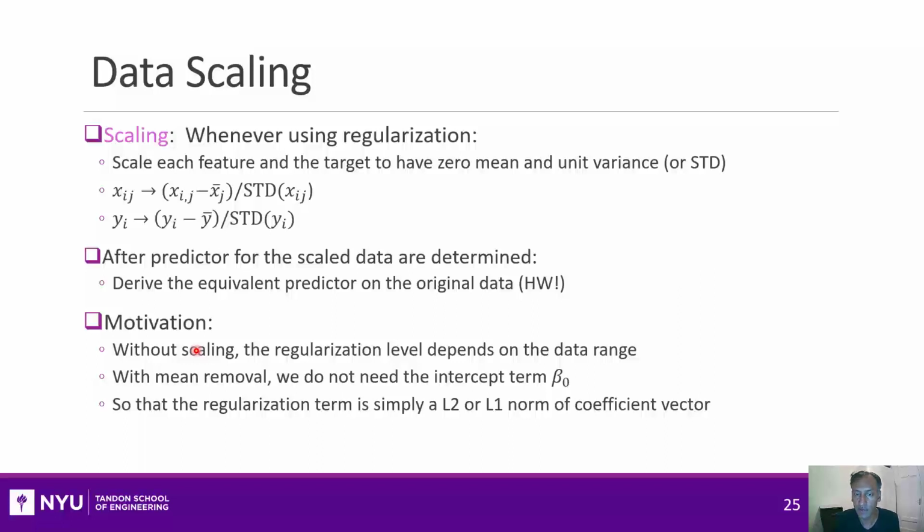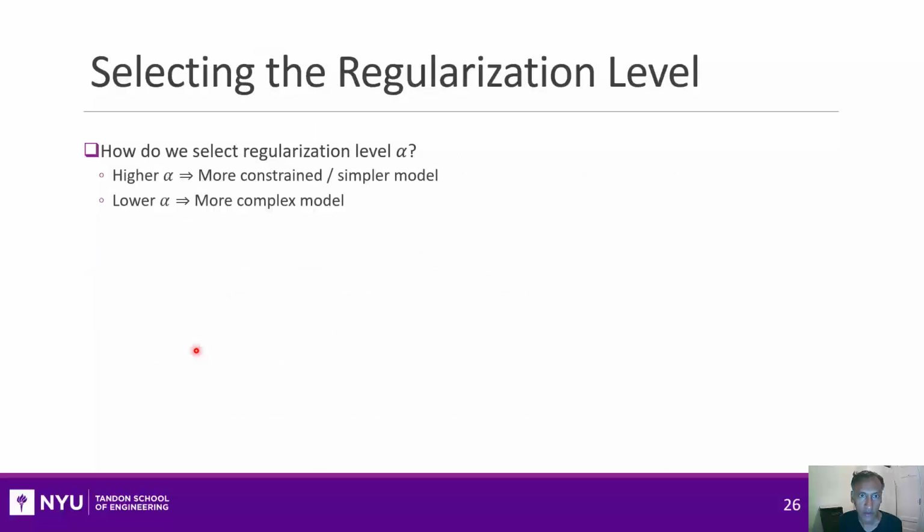So you need to put them in the same scale for it to work at all. So that's a super important practical point to get things to work. And we're going to see that in the demo.